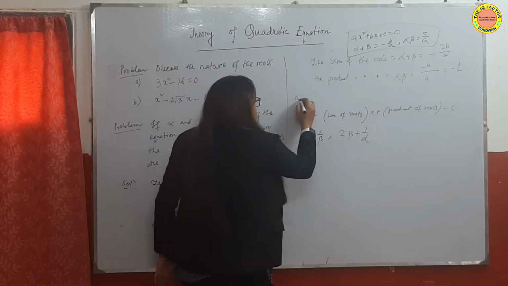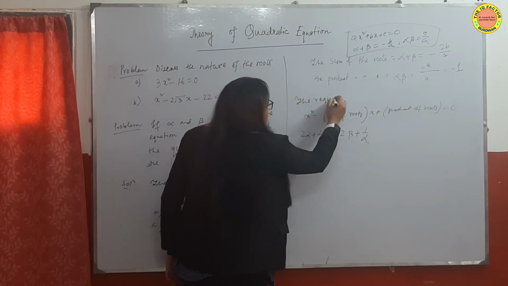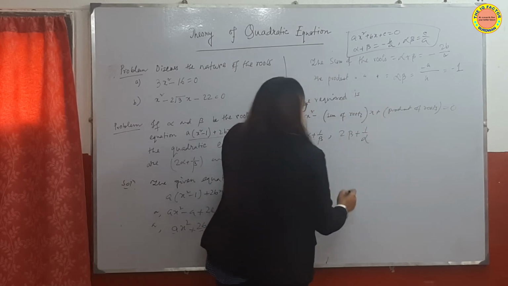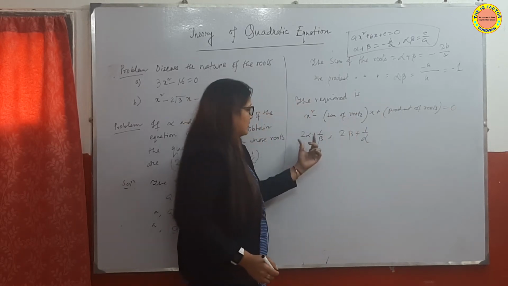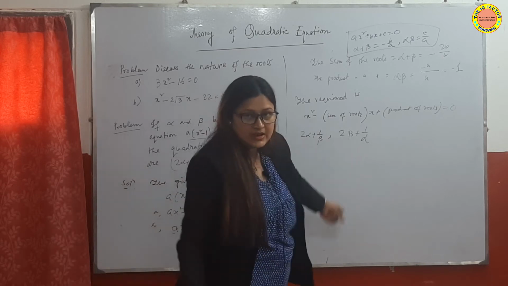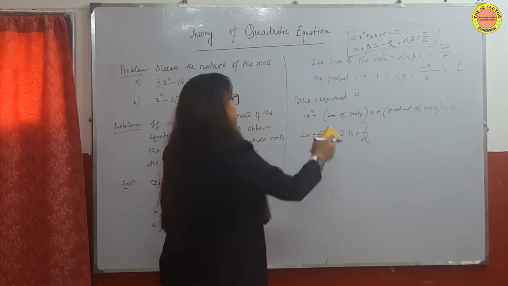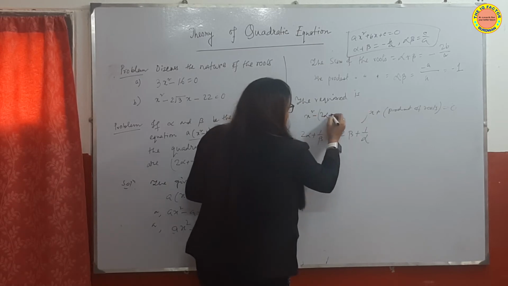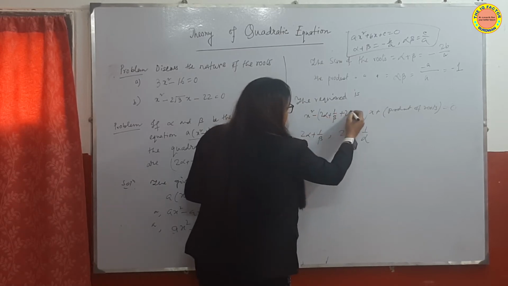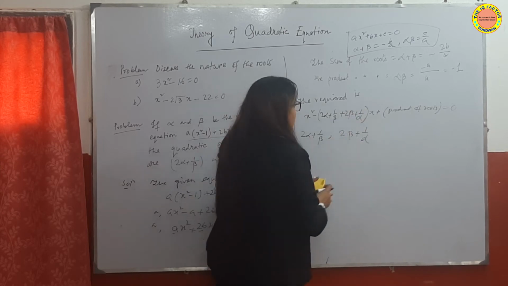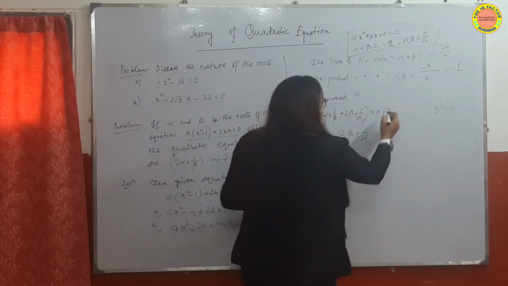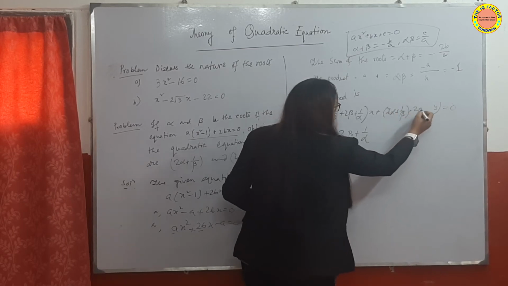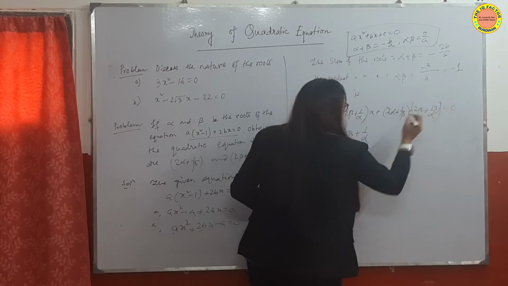So the required equation is what? x square minus sum of the roots, that is 2 alpha plus 1 by beta plus 2 beta plus 1 by alpha, and product of the roots, that is 2 alpha plus 1 by beta into 2 beta plus 1 by alpha.